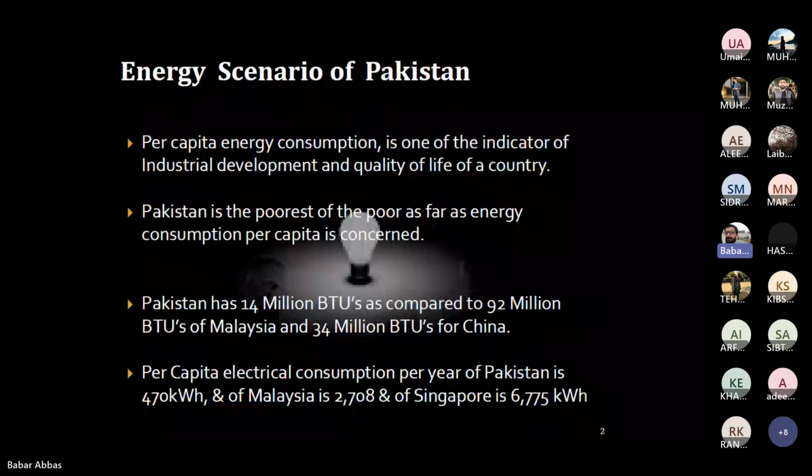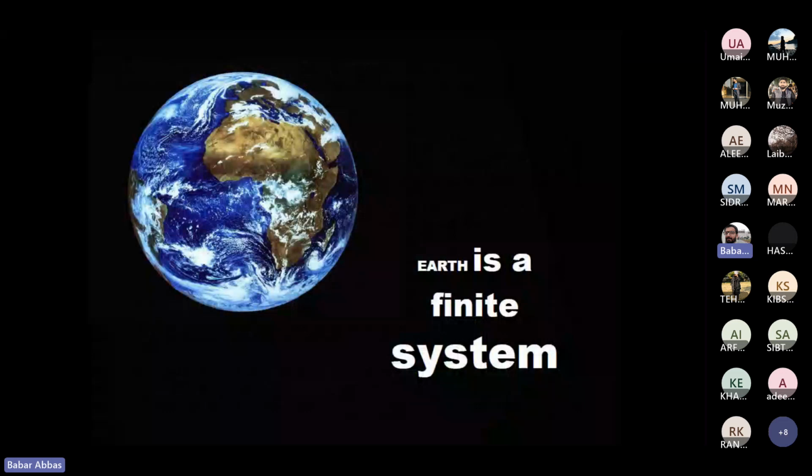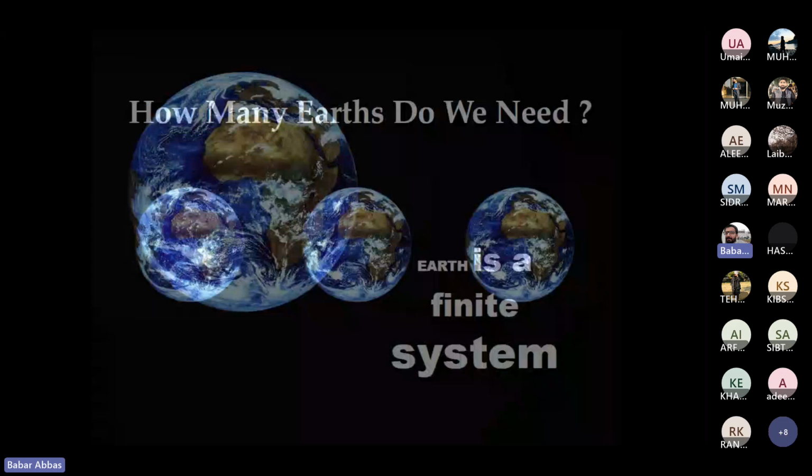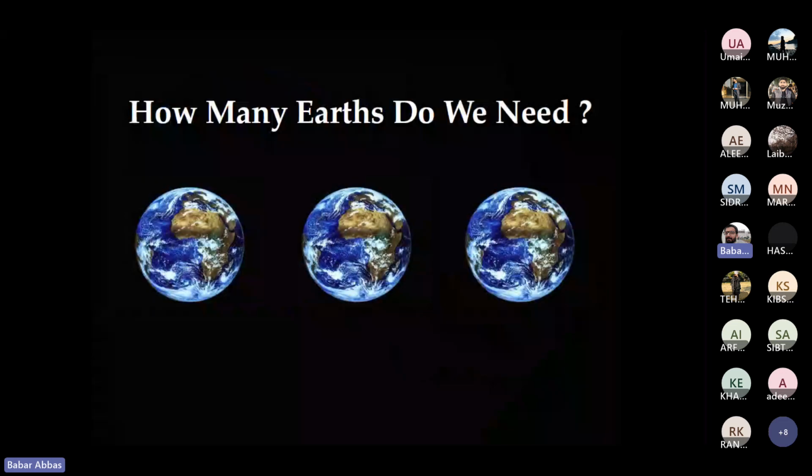So our Earth is a finite system, and it has limited natural resources. If we keep on using those resources the way we are doing, how many Earths do we need to meet our lives and our future generations' lives?